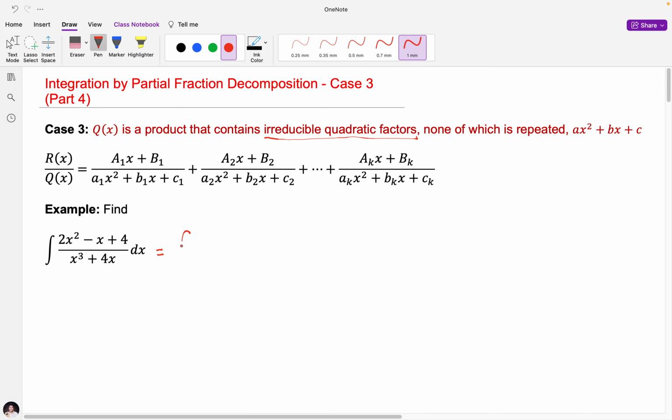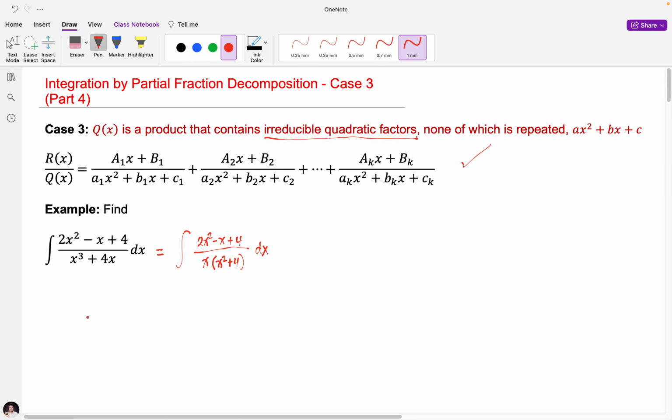Therefore, we have 2x squared minus x plus 4 over x times the quantity x squared plus 4 dx. Now observe, x squared plus 4 is not factorable. So this is an irreducible quadratic factor. Therefore, we will use this case here.